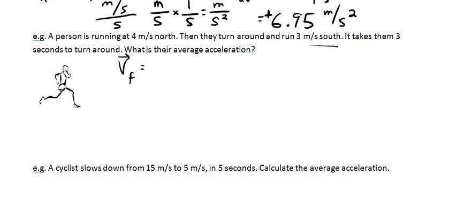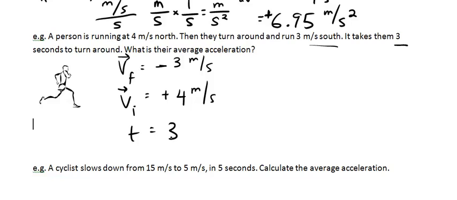So 3 meters per second south, so let's say negative 3 meters per second, and our initial velocity is 4 meters per second north, so we'll say that's positive 4 meters per second. And it takes them 3 seconds to turn around, so that's our time.